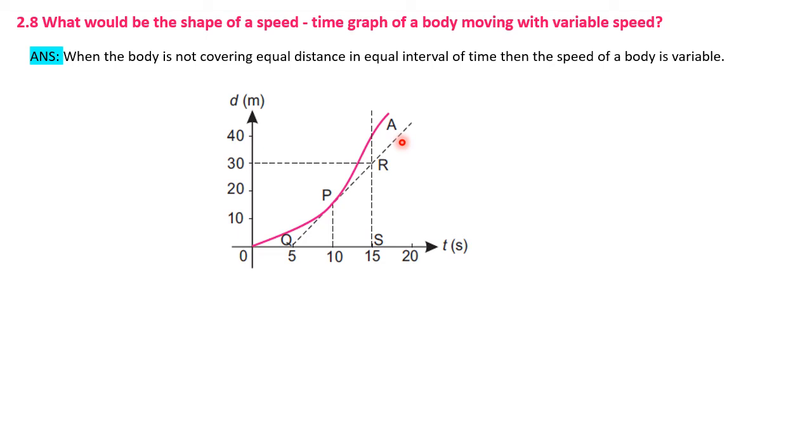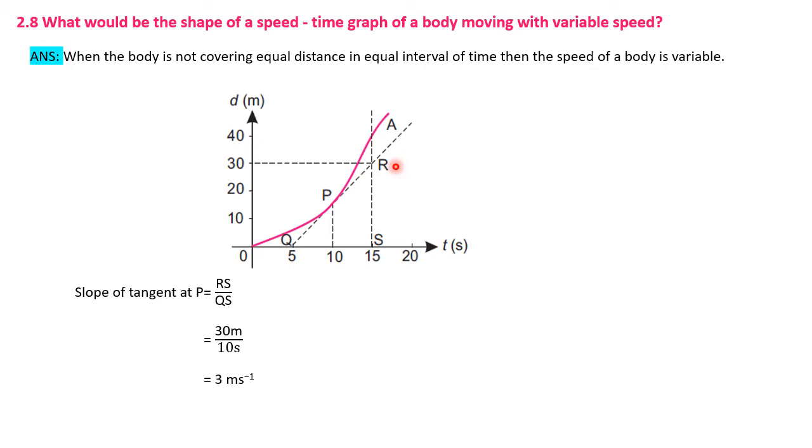By drawing a tangent, as you can see, this dotted line is touching the curve only at point P. So we are finding the velocity at point P. The slope of the tangent at point P is RS, the vertical change, divided by the horizontal change, which is QS.